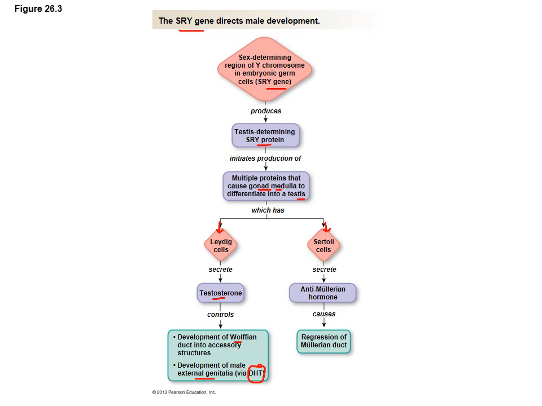But DHT is a derivative of testosterone. So testosterone becomes DHT by 5-alpha reductase, an enzymatic reaction. Testosterone is converted into DHT. Then it's the Sertoli cells which secrete the anti-Müllerian hormone, and of course it's the anti-Müllerian hormone which then causes the regression of the Müllerian ducts.